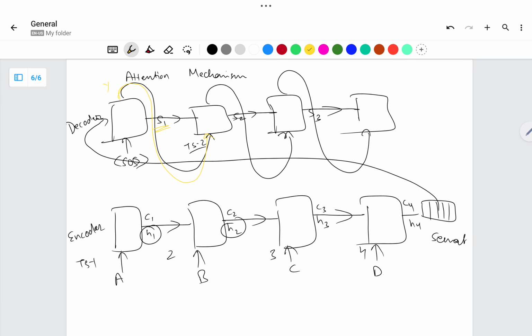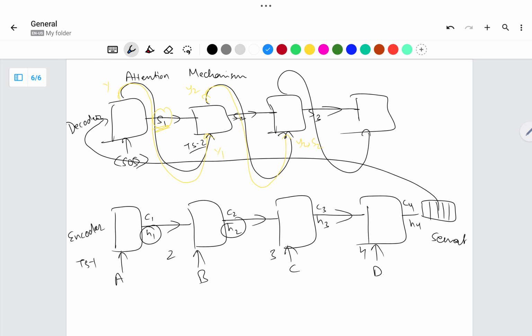Okay. So S1 and Y1 are the inputs that we are giving into our decoder block at time step 2. Here Y2 will be produced. Now Y2 and S2 will go as input into the decoder block at time step 3.